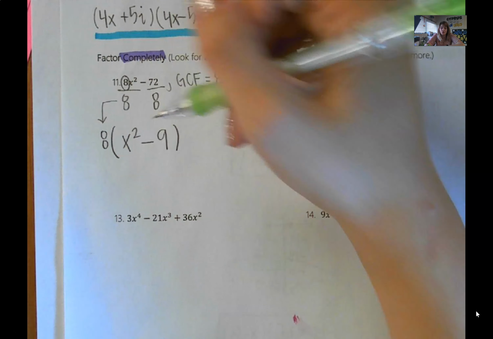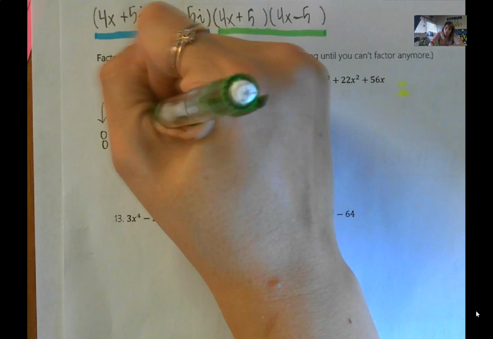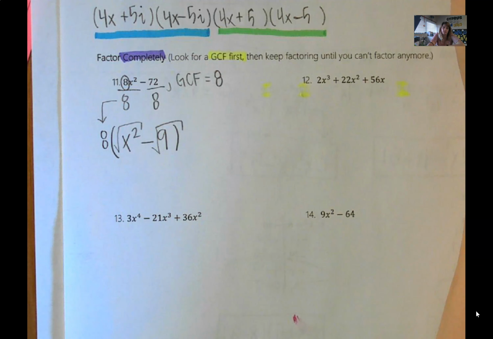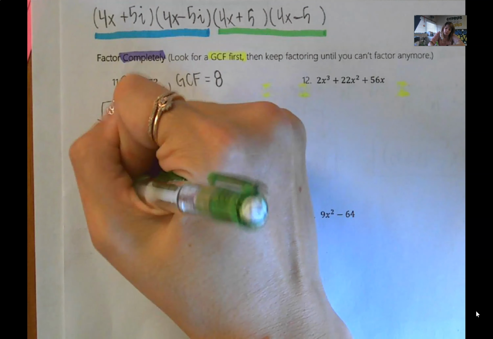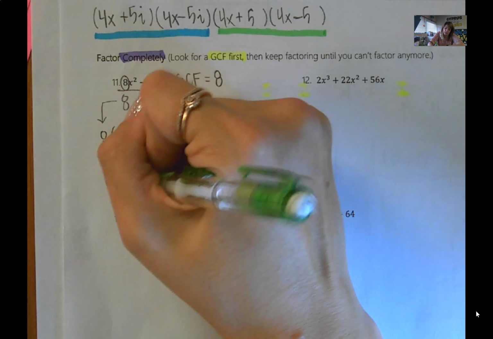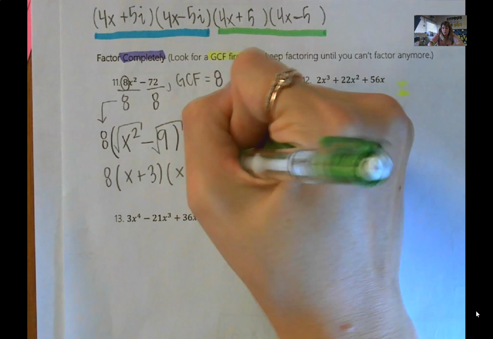This is a special binomial. You can keep going. So you would root x squared, you would root 9. Make sure you keep your 8 on the front. So this becomes x plus 3, x minus 3.